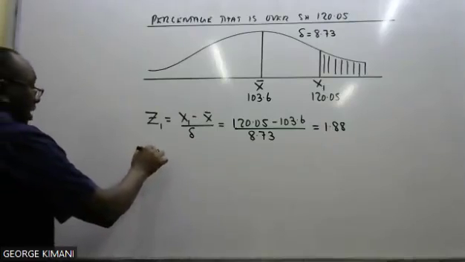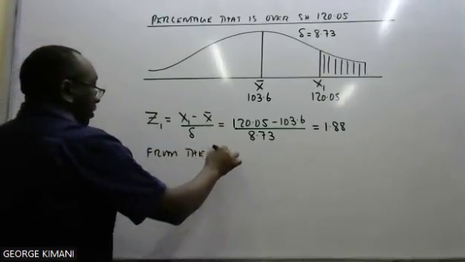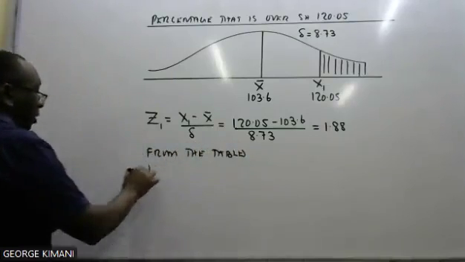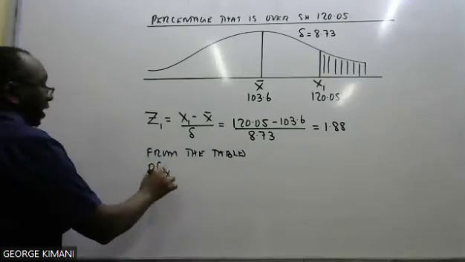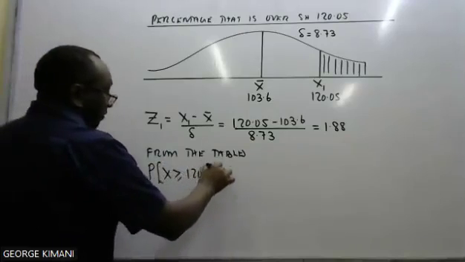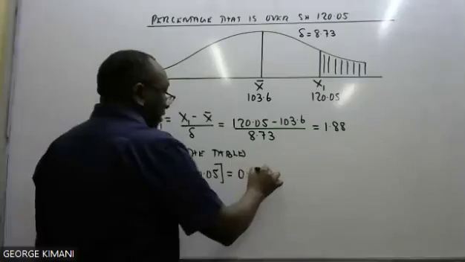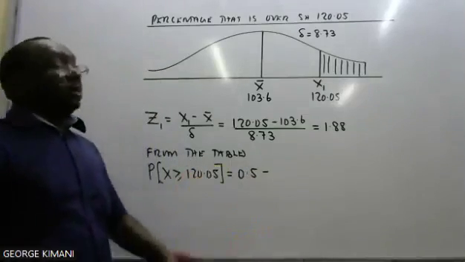So from the tables, probability that x is greater than or equal to 120.05. Obviously, it will be 0.5 minus, because tunataka hiyo ya juu.